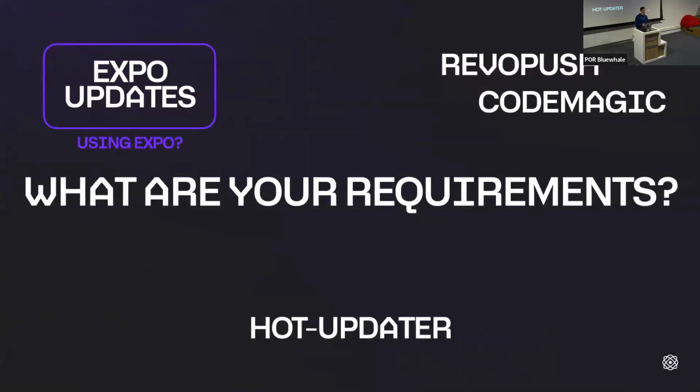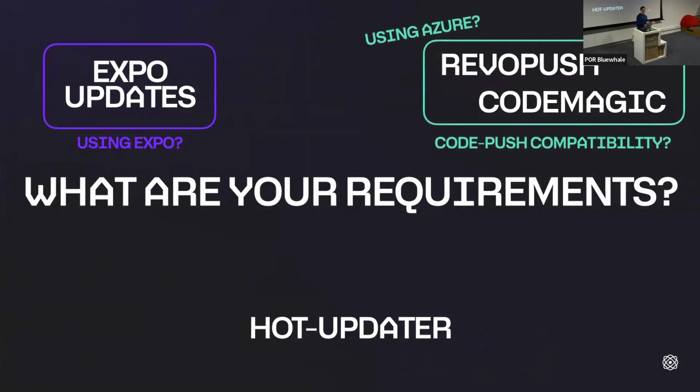Then it's very easy to recommend Expo Updates, right? It works very well. Even if you don't want to use EAS, which is their paid cloud server, they still provide you with the open protocol and an open source implementation of the server, so you can still self-host it. We have apps with clients that use a self-hosted version with the Expo Updates client library, and it works very well.